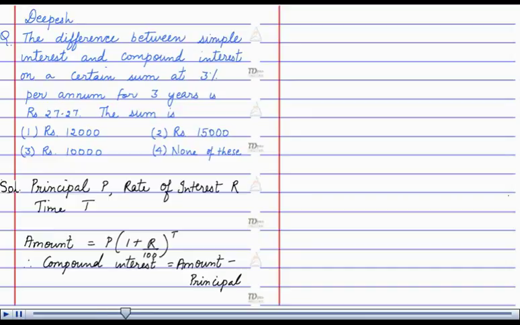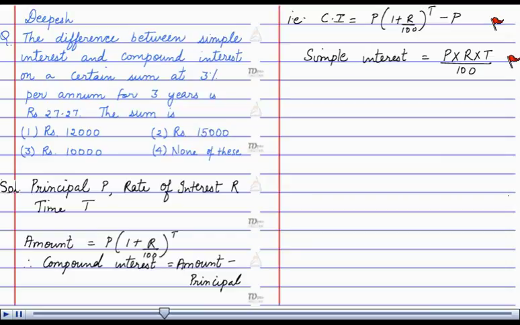That is, compound interest would be given by P into 1 plus R upon 100 whole raised to the power T minus P. Also, the simple interest is given by P into R into T upon 100.